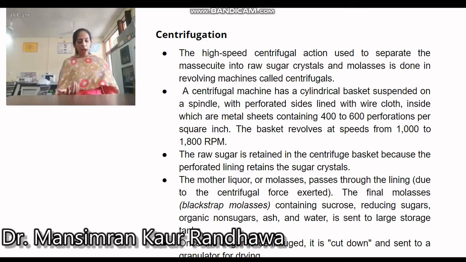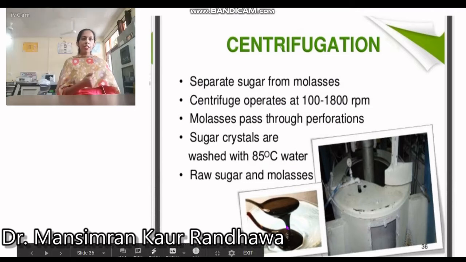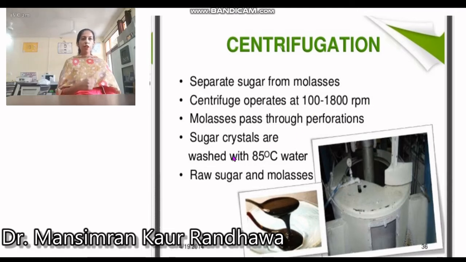So we have centrifuged the crystallized massecuite, and in that we have got the molasses. So here is the molasses. This is the centrifugal machine, from 100 to 1800 RPM. Molasses passes through the perforations and the sugar crystals are washed with 85-degree water, and raw sugar and molasses are the two products we get here.